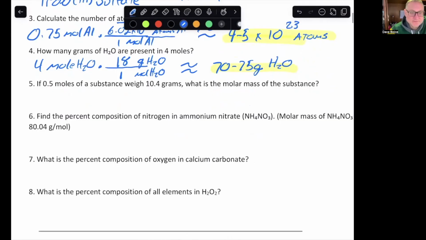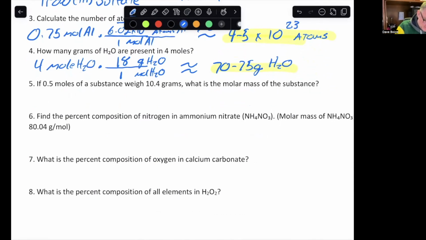If 0.5 moles of a substance weighs 10.4 grams, what is the molar mass of that substance? So in other words, I have 0.5 moles. And remember, the molar mass refers to 1 mole. So if half a mole is 10.4 grams, then how much would a full mole be?